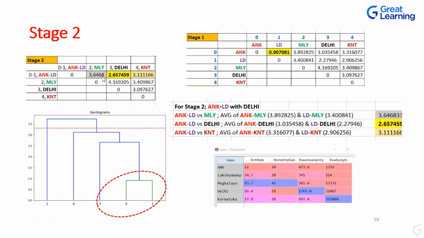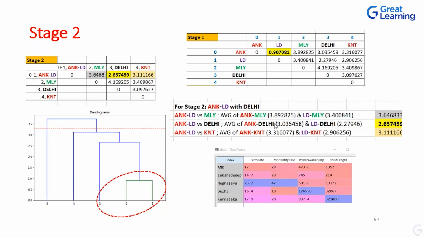So how will these three distances be calculated? Interesting to know. Say for example, this cluster with Meghalaya. So it's easy. Andaman and Nicobar with Meghalaya, which is 3.89. You can confirm from here. Then Lakshadweep with Meghalaya, 3.40. So it is 3.40 here.